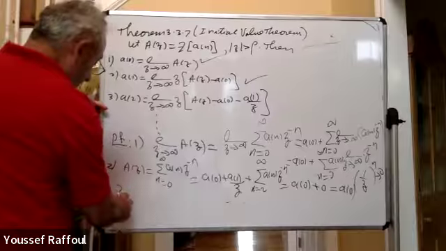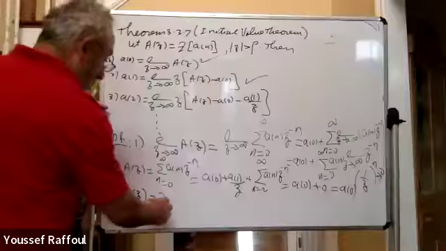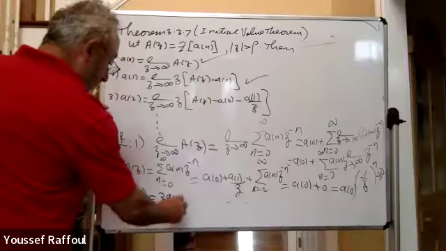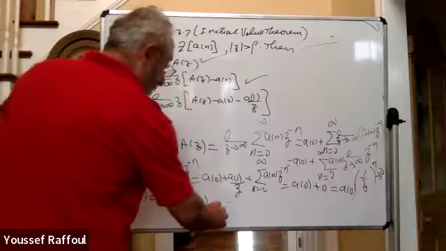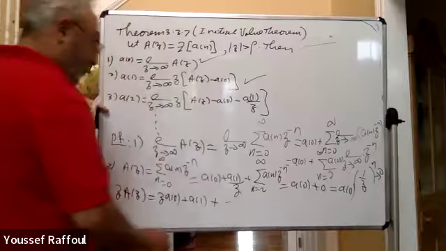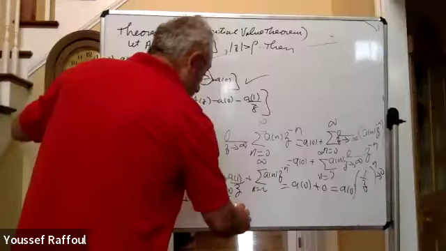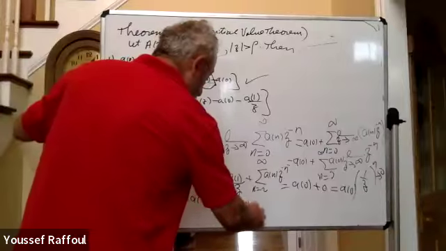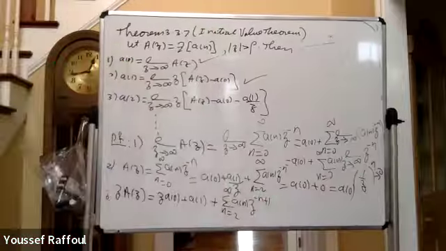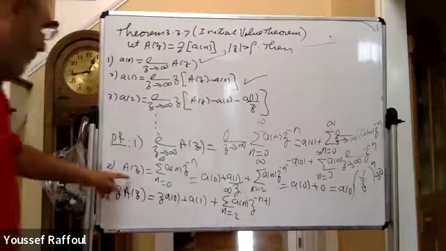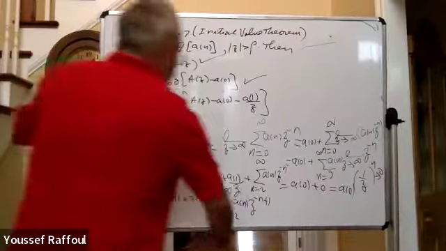So Z A(Z) equals Z A0 plus A1 plus the sum from n equal to 2 to infinity of A_n Z^(-n+1). So we multiply by Z on both sides.